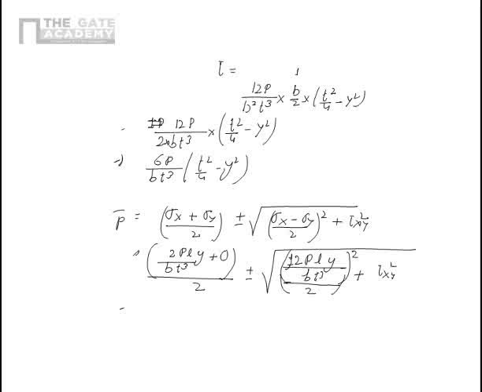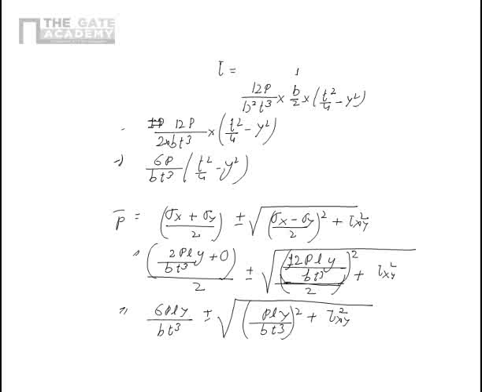Now you simplify this equation, and we will get 6PLy upon bt cube plus minus square root of 6PLy upon bt cube square plus tau xy square.